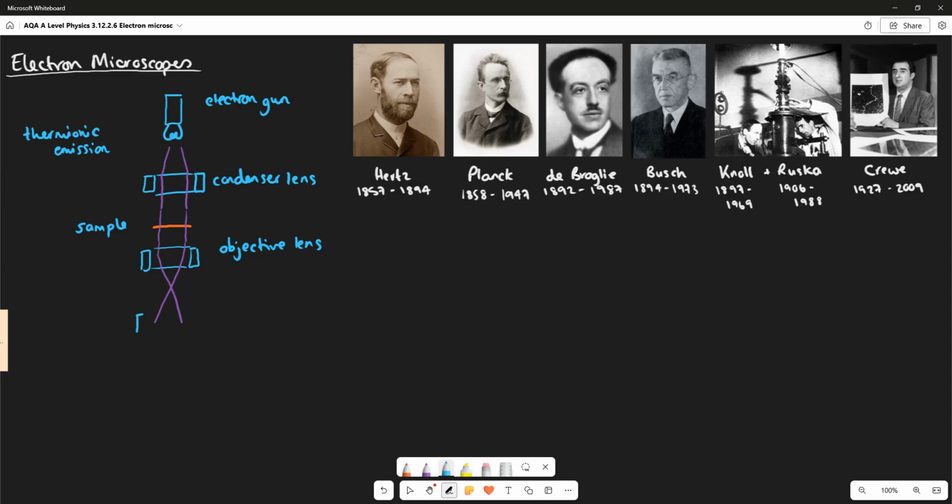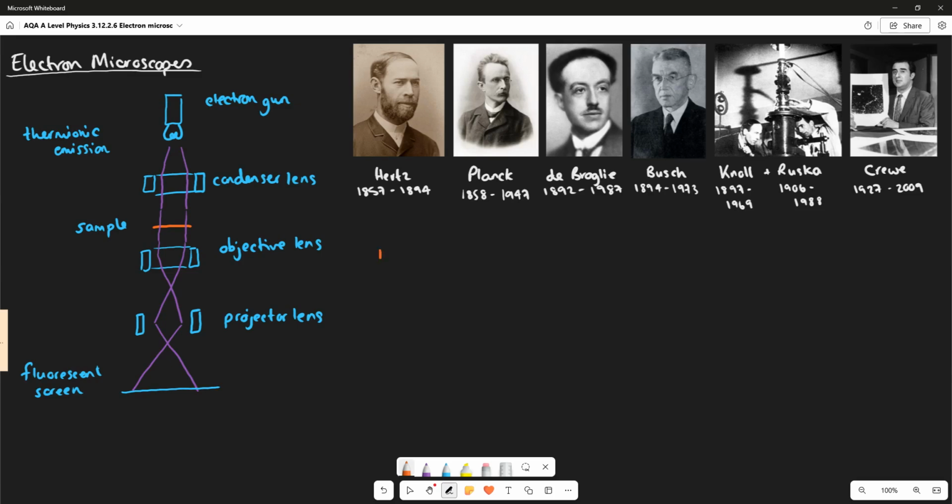And finally, they passed through a projector lens which magnifies the image onto a fluorescent screen. Where the image can be viewed.